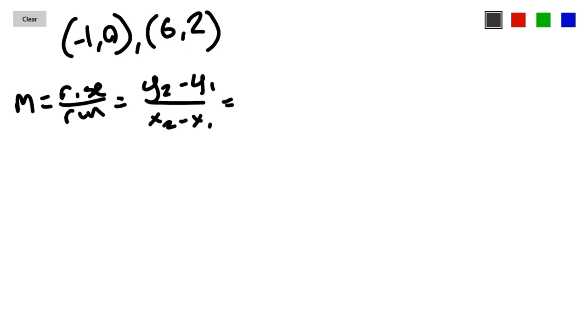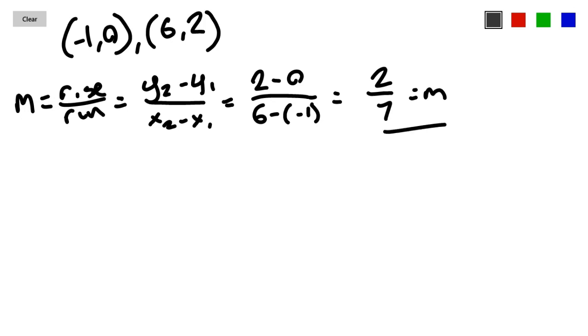So if I choose the second ordered pair to be x2, y2, what I have is 2 minus 0, that's y2 minus y1, divided by 6 minus -1 here. And when I work out the math, I have 2 over 7 as my slope. So I've got one piece of the puzzle, but what do I do from here? So the next thing that you can do is select one of these points to plug into the point slope formula.